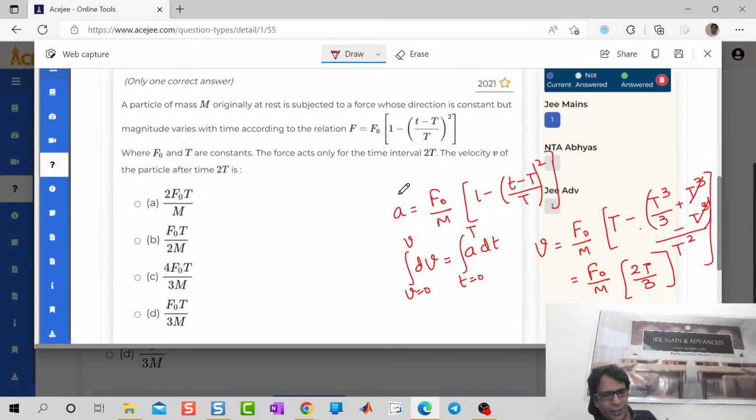By the way, I figured out where my issue is, where I went wrong. The duration is not 0 to t, duration is 0 to 2t, beta. Okay, so you are right, Ruchika. So I should be able to replace this capital T with 2t. So the answer will then come out to be 4 by 3 f0 by m times t.